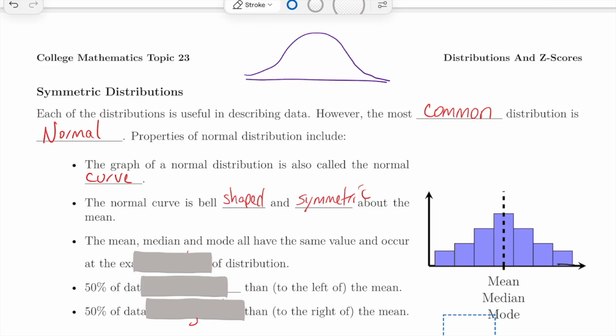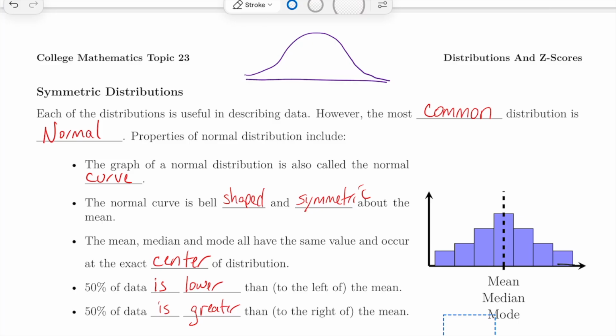The normal curve is bell-shaped and it's symmetric about the mean. The mean, median, and mode all have the same value and it's right at the exact center of the distribution. 50% of the data is lower than the mean and 50% is greater than the mean. Normally in all these other distributions, we could say that 50% of the data is lower than the median because the median is the value right in the middle.